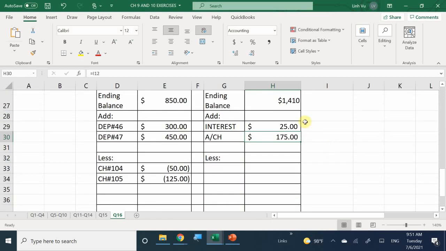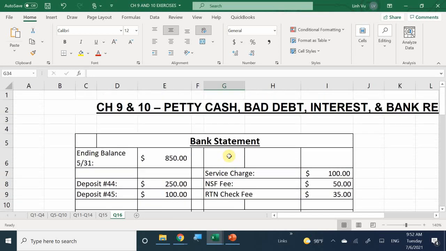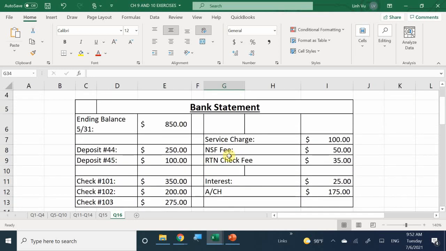Okay. So now I'm also going to subtract out the fees that I have to pay the bank for providing services, or in case they charged me for writing an NSF check. So let's take a look. What did the bank charge me? $100.